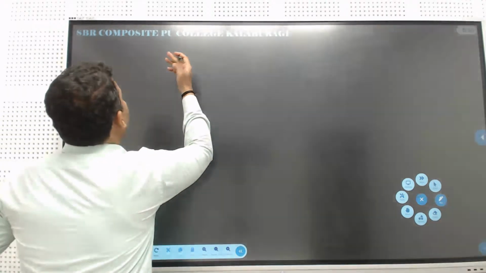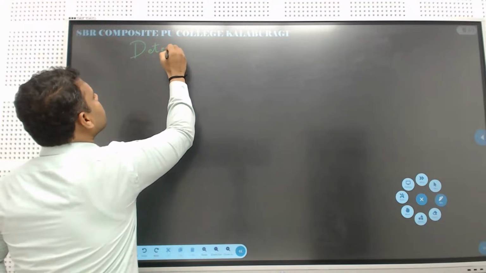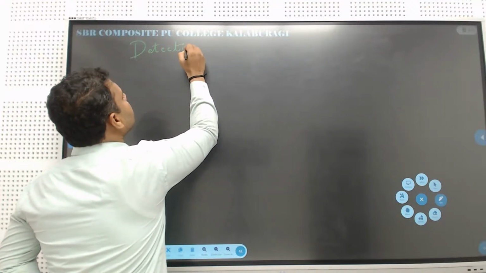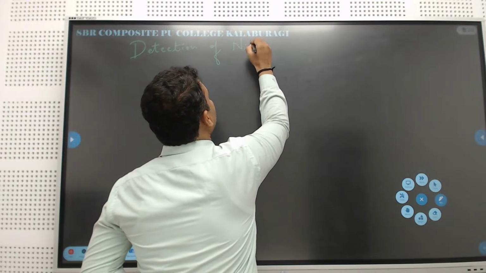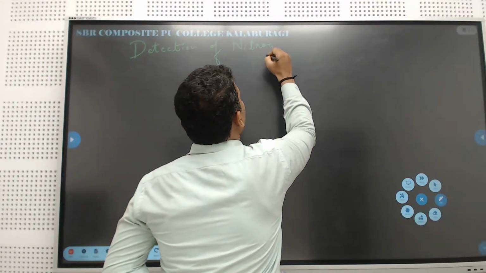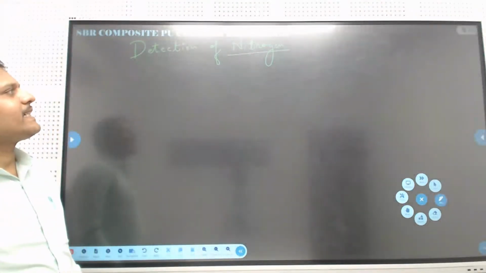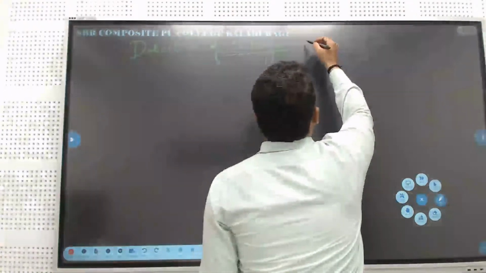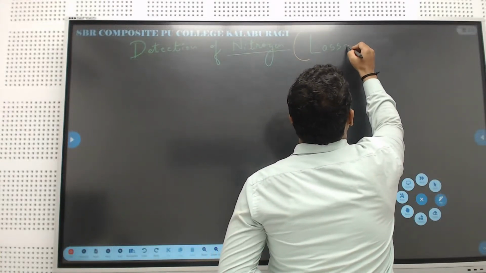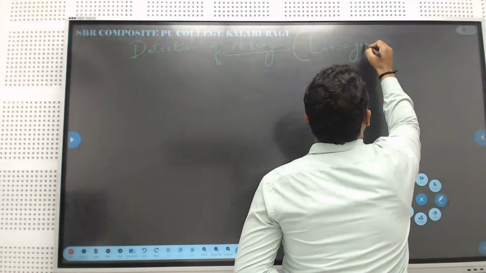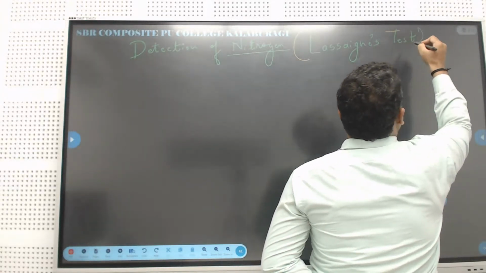Next, we are going to detect nitrogen. This detection of nitrogen is usually termed by the name Lassaigne's test.